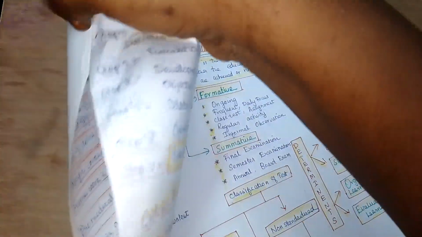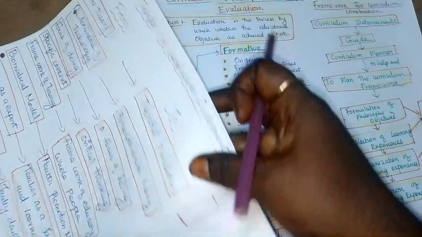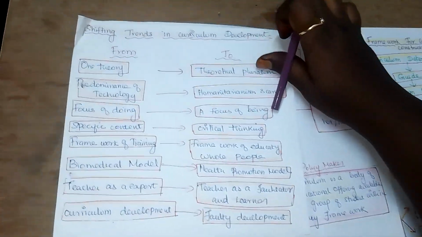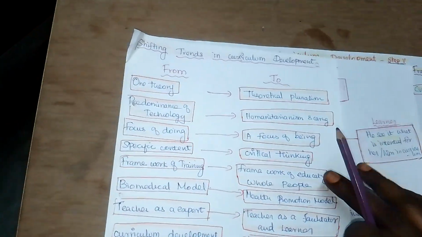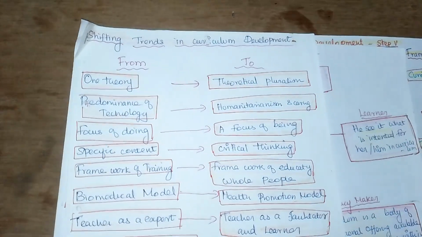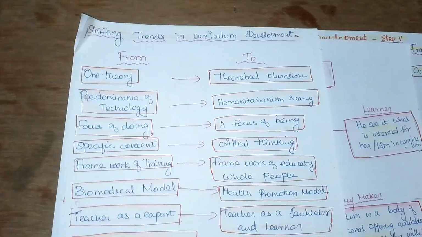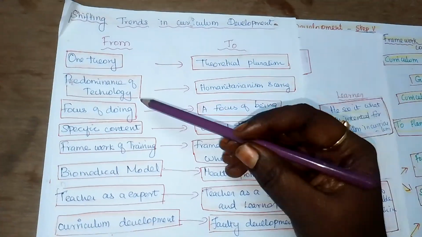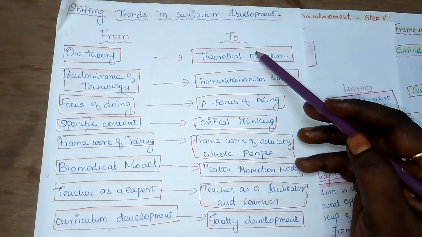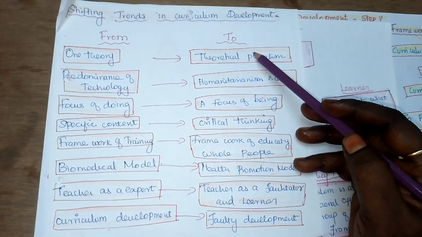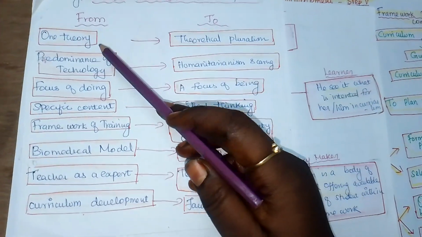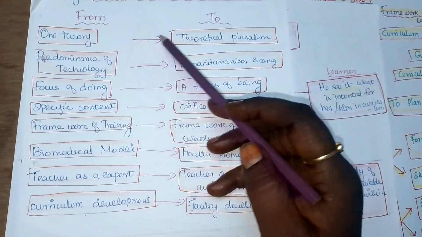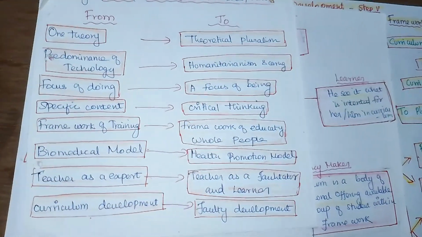Anyhow, we'll see some models of curriculum and some shifting trends in curriculum. What are the shifting trends in curriculum development? One theory to theoretical pluralism. We are not using only one theory, but many theories in our curriculum.